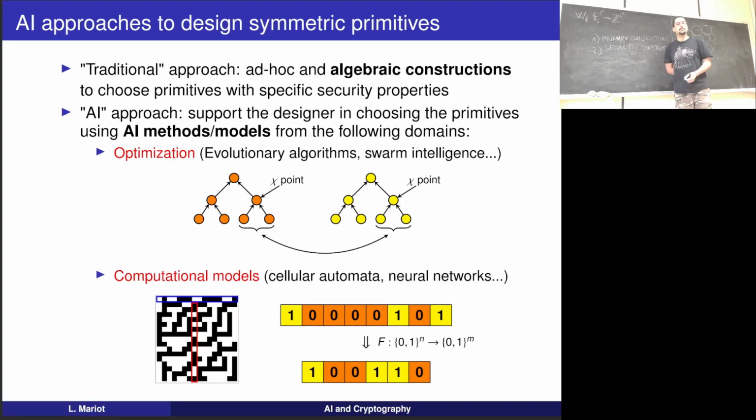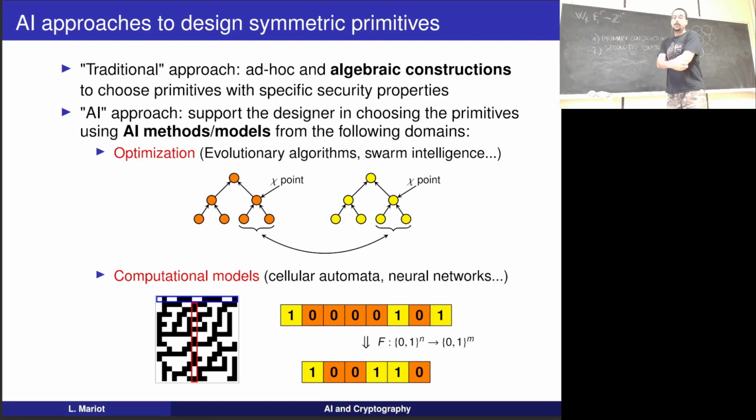It's difficult to understand what they are doing, etc. Cellular automata, on the other hand, are quite simple, and we will see how we can use them to define S-boxes this afternoon. But anyway, let's stick with the part of evolutionary algorithms and artificial intelligence methods for combinatorial optimization.